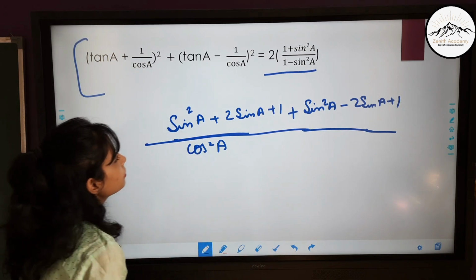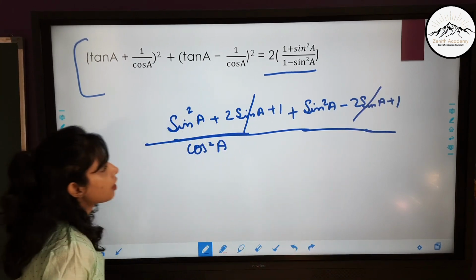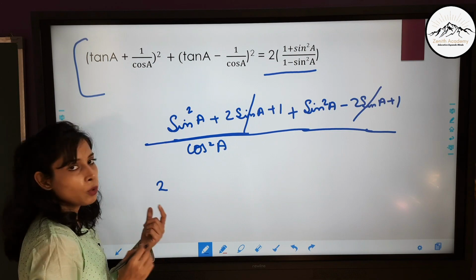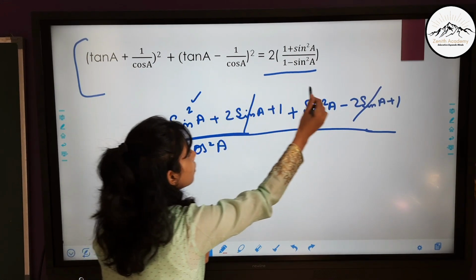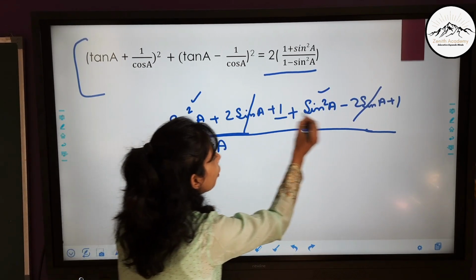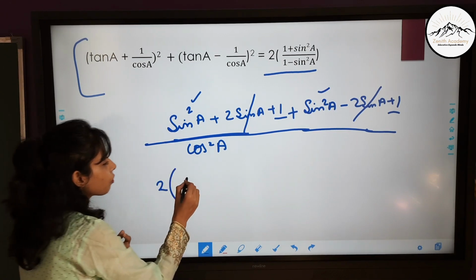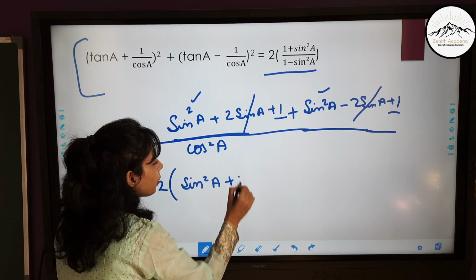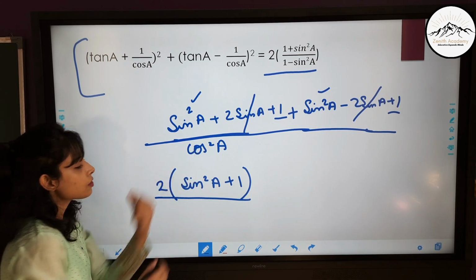So now here, see, 2 sine a and minus 2 sine a get cancelled. What we have, let's take 2 common, because it is 2 sine square a and 1 plus 1 is equal to 2. So let's take 2 common. What we will get? Sine square a plus 1 upon, now this is cos square a.